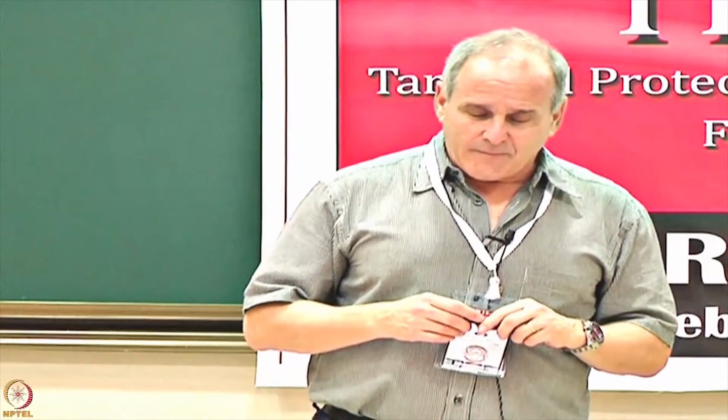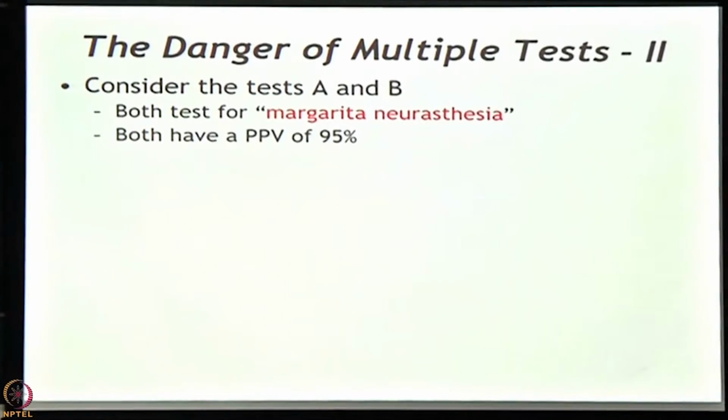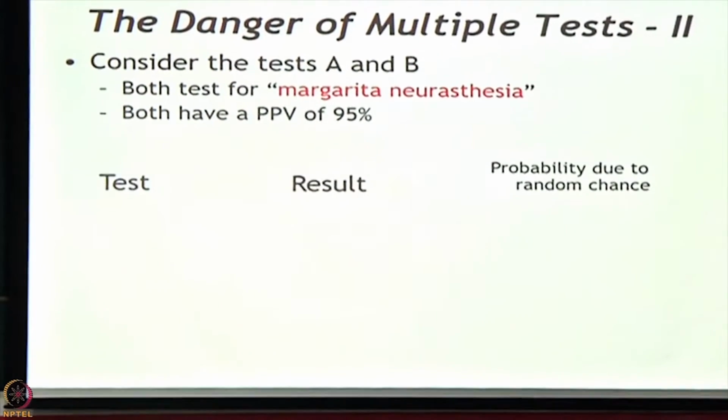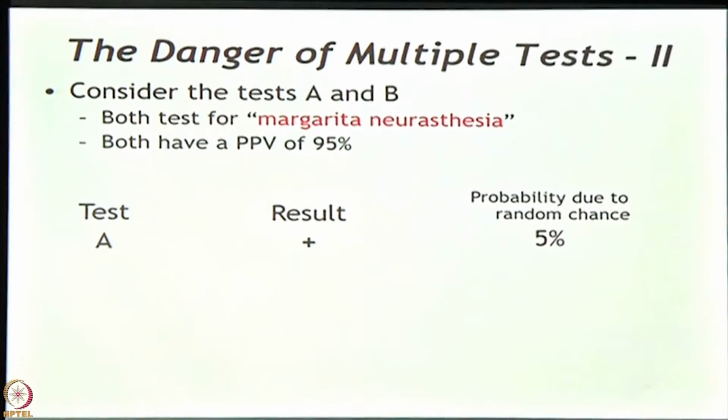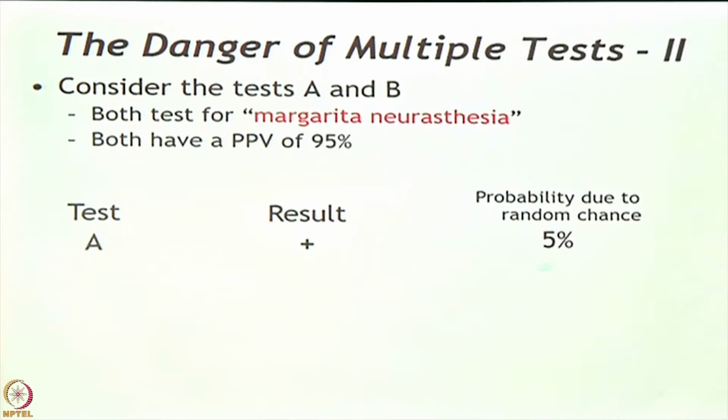So we have two tests. Imagine they have two tests for the same illness, and they're testing for a positive, and they both have a positive predictive value of 95%. So imagine test A is positive, and the probability of a false positive is 5%.